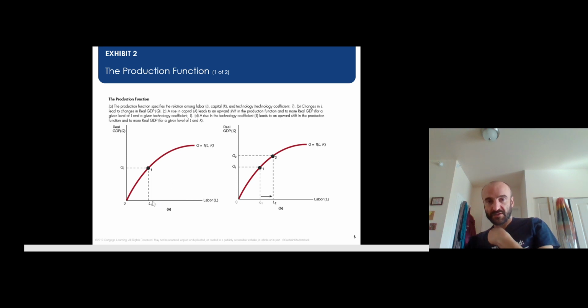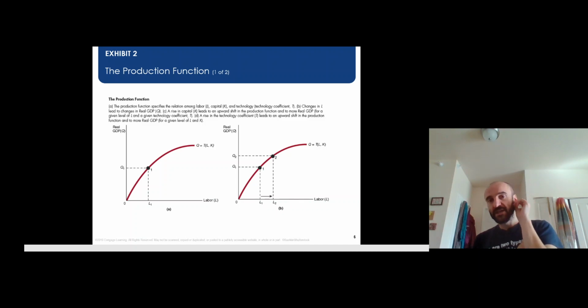So if you keep two of them constant, there is an optimal maximum quantity of a variable factor that maximizes total production, real GDP. If you increase it beyond a certain point, it will start decreasing. You will get less and less by investing one more unit of labor.